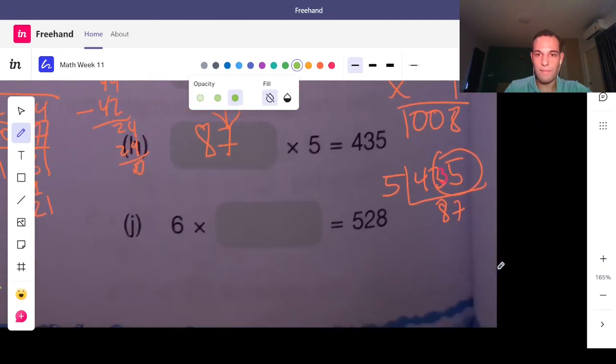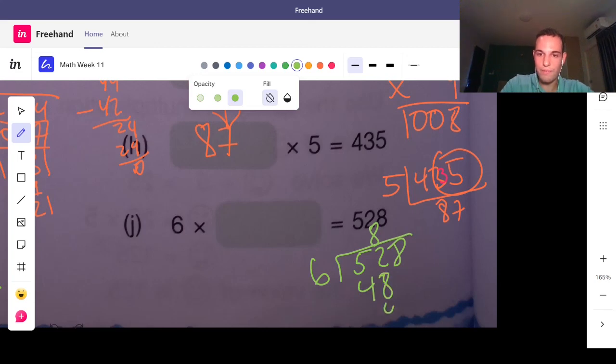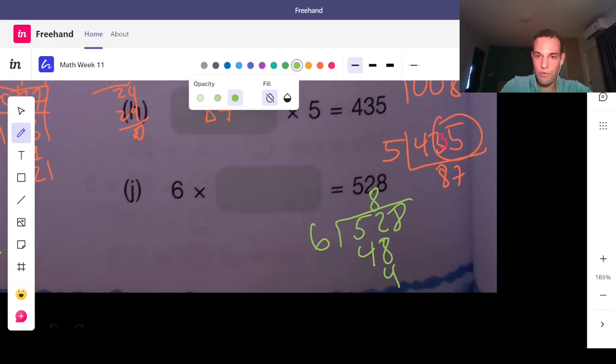And finally, we have 528 divided by 6. 6 goes into 52 8 times. 52 minus 48 is 4. Bring down the 8 here. 6 goes into 48 8 times. So the answer is 88.